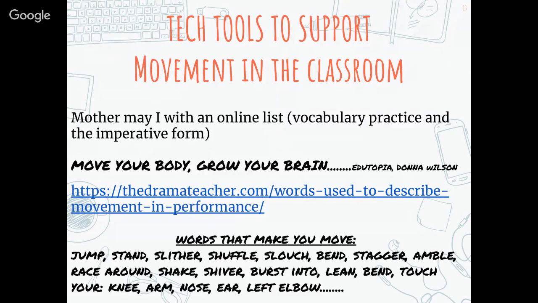Those might be advanced level words, but other words I think are jump or bend. And then of course, touching your body parts has movement to it, and you can ask students what are they touching, or touch your knee, touch your arm, touch your nose, those kinds of things.